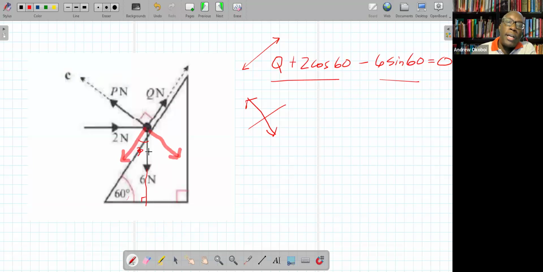And because this is a right angle, this one here is 60. Now, when I take this force, which is 6, and I turn it to this one here, I've moved away from this 60-degree angle. So this force here is now 6 sine 60, because I moved away from the 60 degrees that was here. Okay, thank you.